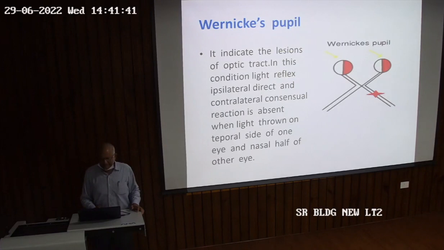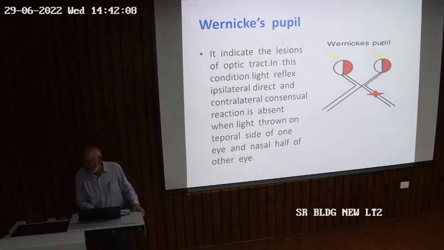It contains the fibers: the nasal fibers are crossed and the temporal fibers are uncrossed. If you show the light to the side where these fibers have gone, with a sharp cut, the reaction will be worm-like. The whole of the pupil will not constrict; half of the pupil will react. This is called Wernicke's pupil or the worm-like pupil.